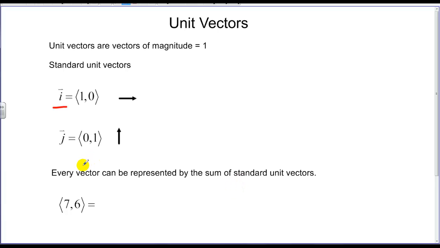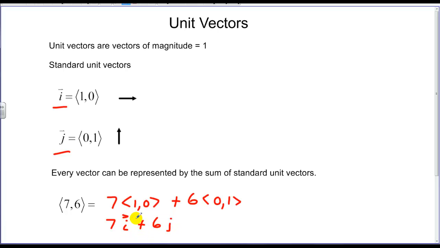So if I want to name the vector 7, 6 by using standard unit vectors, I could say, well, if I take 7 and multiply it by the vector 1, 0, because that's my x component, and 6 and multiply that by the vector 0, 1, or the y component, this is the same as saying 7i plus 6j.